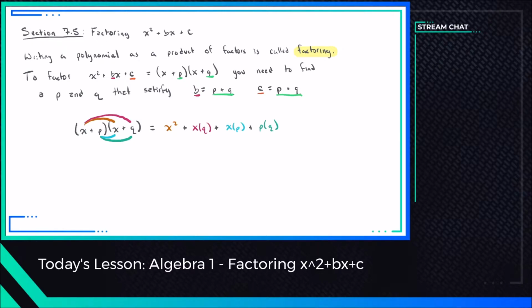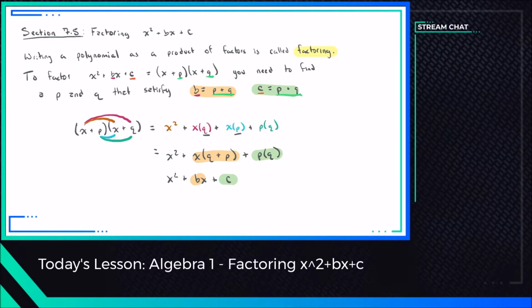So this would be written as an x squared plus an x, with q and p added together inside the parentheses, plus p multiplied by q. And when we write this as x squared plus bx plus c, this is where we get those numbers from. So this b is this b, and this c is that c right there.